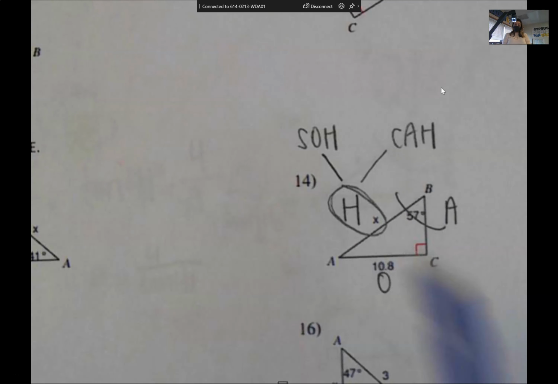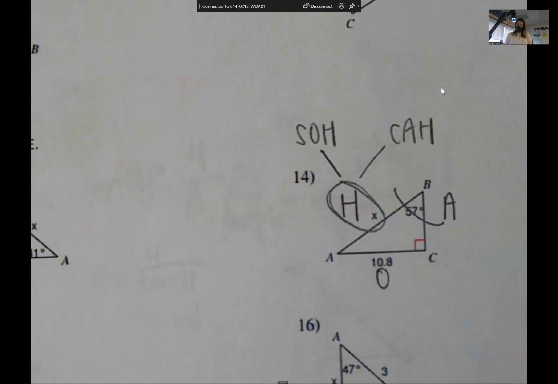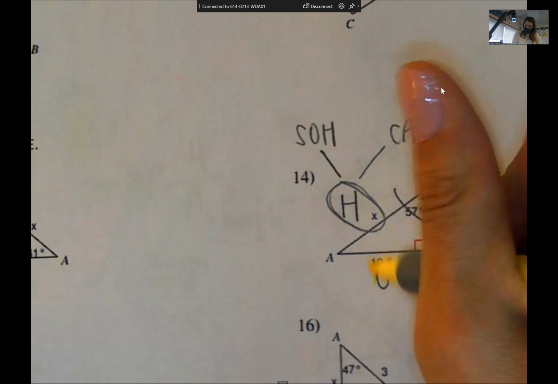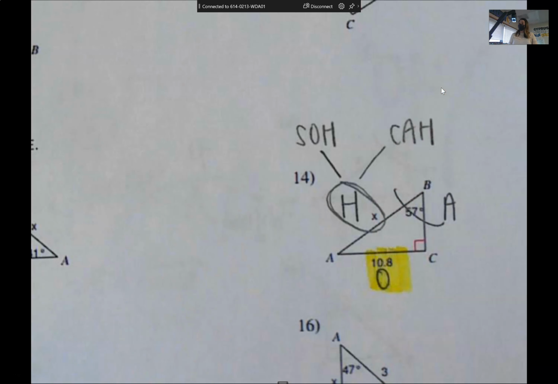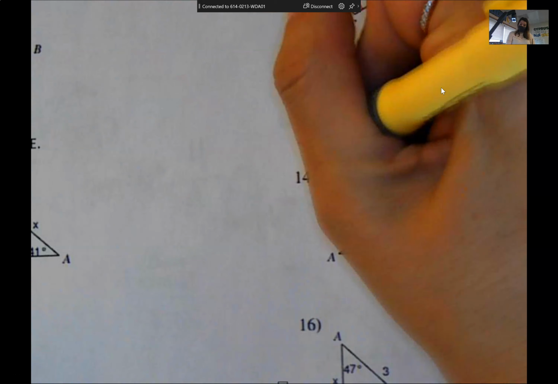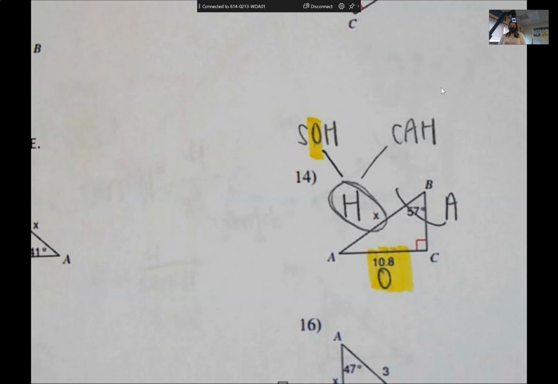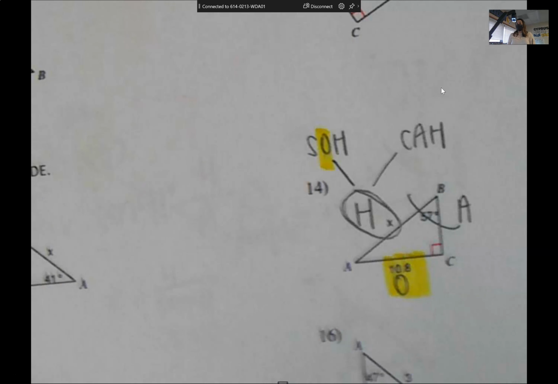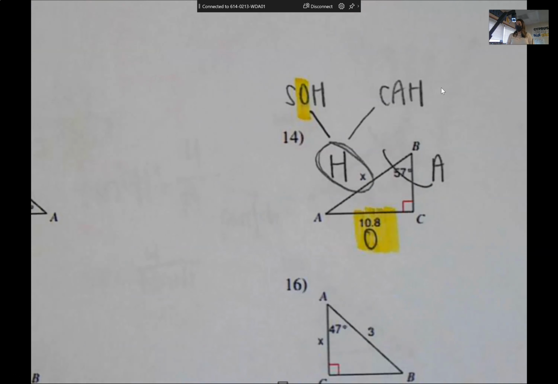Now remember, to find what's missing, I have to use what I have. I have O. So the only trig function that has O and H is sine. So I will use sine to find this missing side.